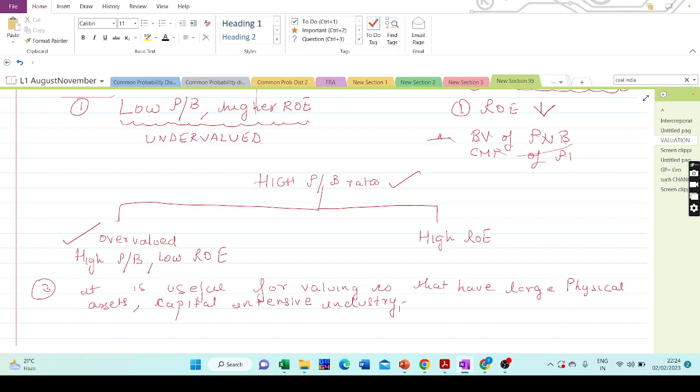So for companies which have a lot of intellectual property, for companies which have a brand name, these are not reflected in the book value, right? And for such companies, using price to book value is not appropriate, right?